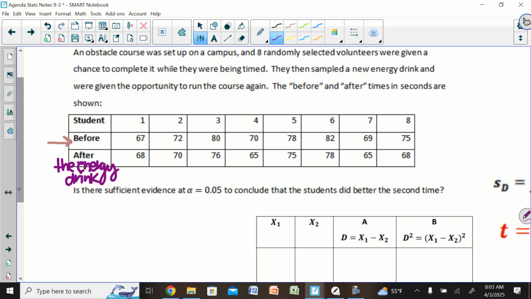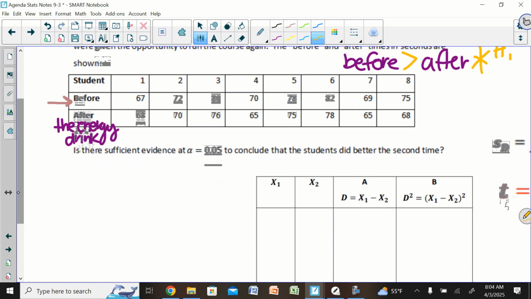So I always have to think about it. So before and after, if they did better the second time, that means that they ran faster, so their time is shorter. So their before times should be greater than their after times. If you can do this, that's what you're going to use as your inequality in your alternative hypothesis. So I think it through on the side, so I make sure I've got this. So let's just get started with our H sub 0. mu sub D equals 0.